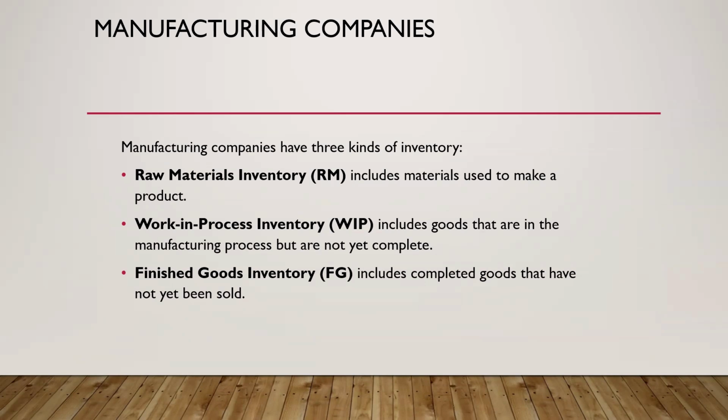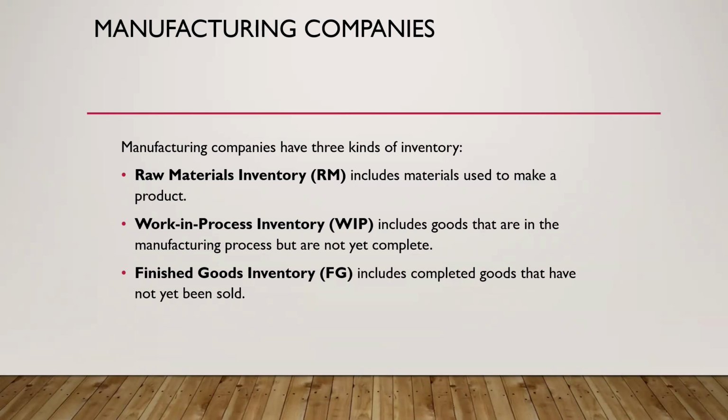Manufacturing companies track costs on three kinds of inventory. You have your raw materials inventory, your work in process inventory, or WIP, and then you have your finished goods inventory, or FG. Now, the raw materials inventory is materials used to manufacture a product.